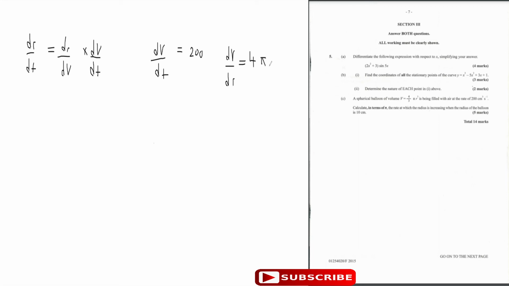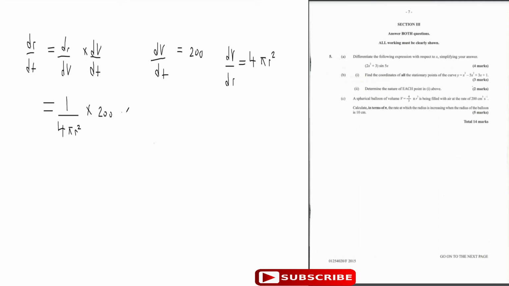So we get 4 pi r squared as dv by dr. And so dr by dt is dr by dv, which is 1 over dv by dr, so it's 1 over 4 pi r squared times 200. That is dr by dt.